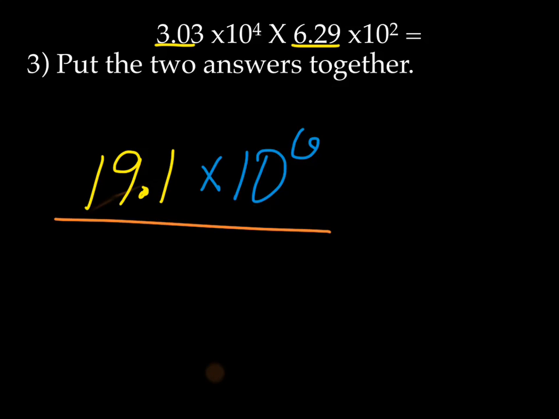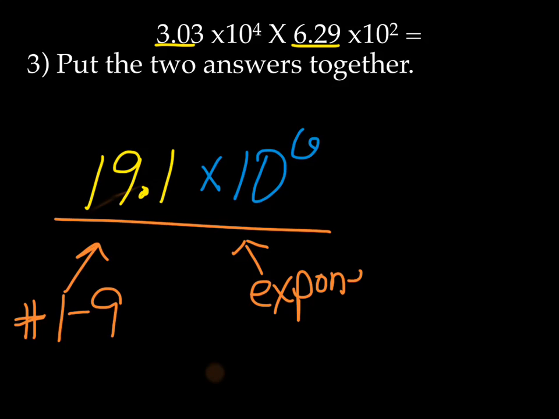If you remember from the last lecture, when you write numbers in scientific notation, it comes in two parts. The first part is a number written between 1 and 9. The second part is the exponent. The exponent's fine. However, is 19.1 between 1 and 9?